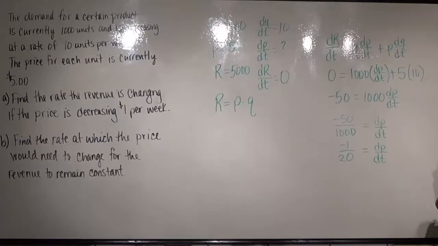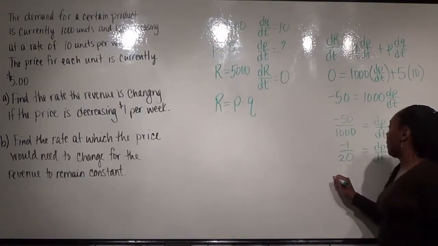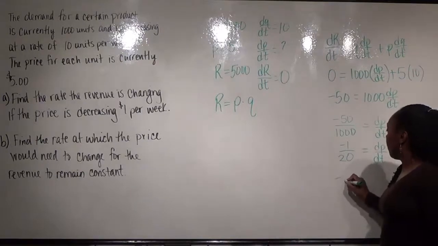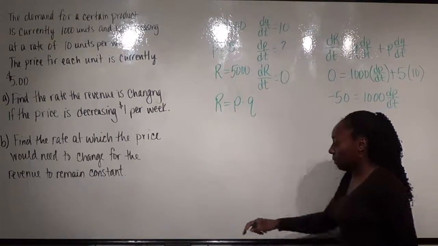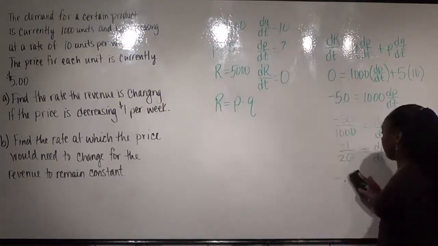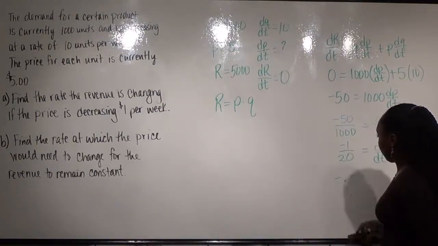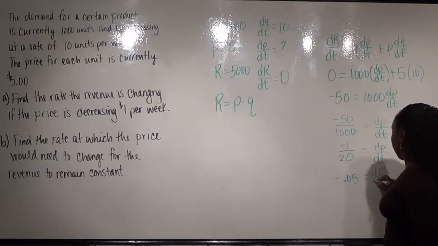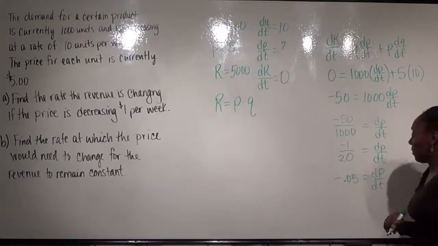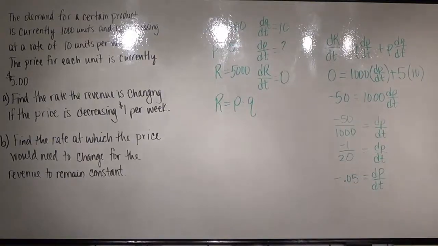Or if we're going to put that back in terms of a decimal, it's -0.05. So what does that mean?